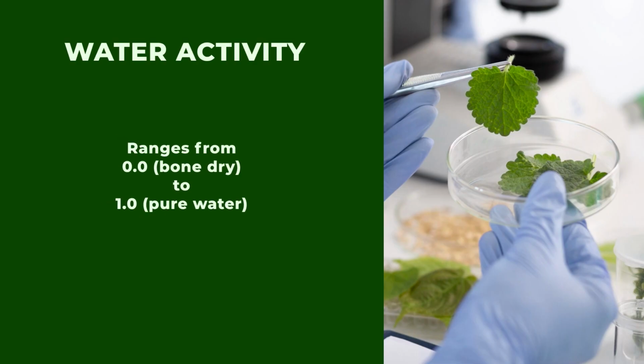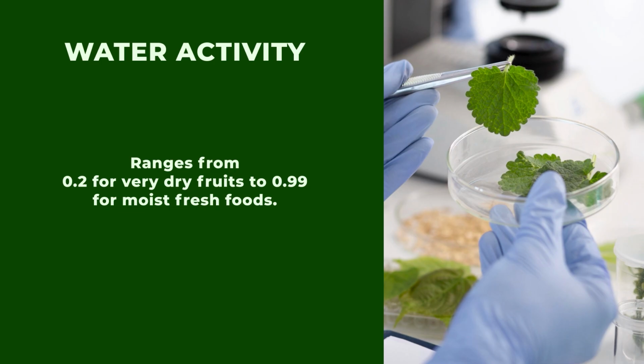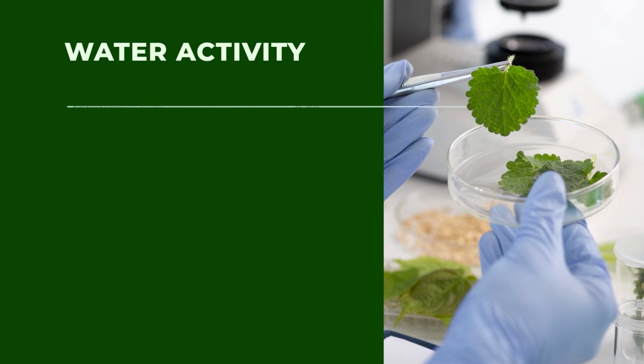Now, let us see the water activity in some common products. It ranges from 0.0, bone dry, to 1 for pure water. In food products, it ranges from 0.2 for very dry foods to 0.99 for moist fresh products.